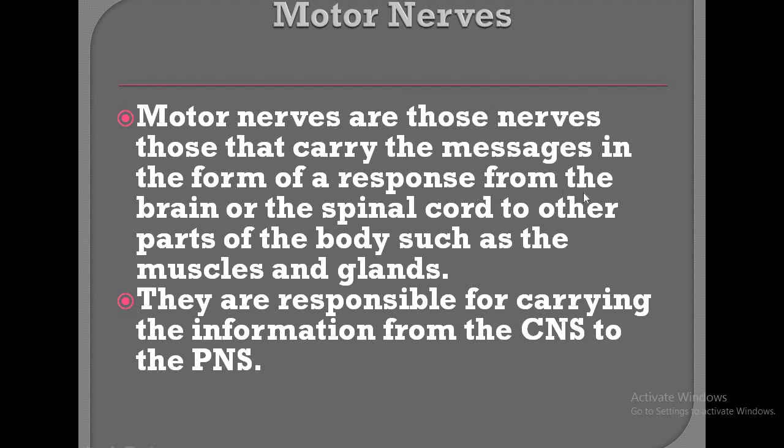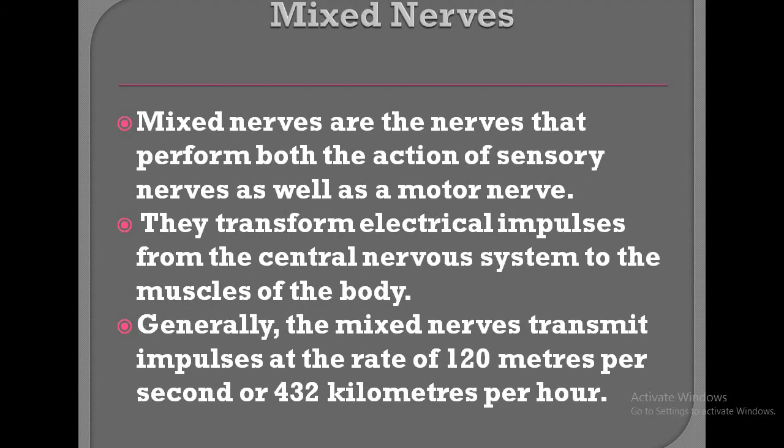Motor nerves are those nerves which carry the message or the nerve impulse in the form of a response from the brain or the spinal cord to the parts of the body such as the muscles or the glands. So simply we can say they carry the information from the CNS to the PNS, that is from the central nervous system to the peripheral nervous system.